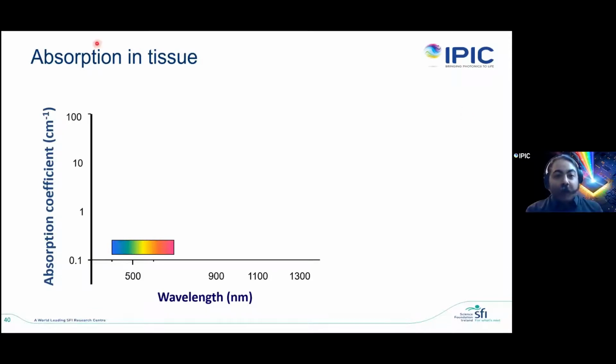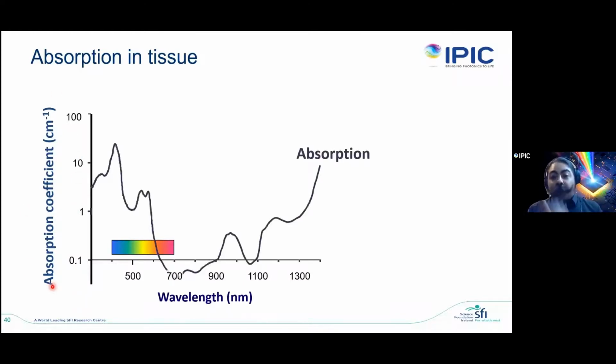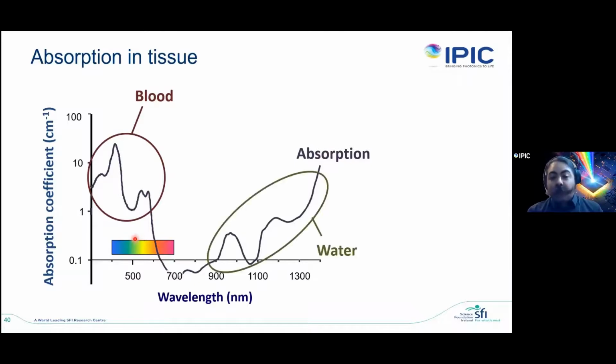So here we'll be looking at the absorption of the tissue, and at the wavelength dependence of the absorption coefficient. A typical absorption spectrum from tissues is like this. We have a lot of absorption from blood and water. To understand this absorption coefficient, we can take it as the distance necessary for you to see an absorption event.